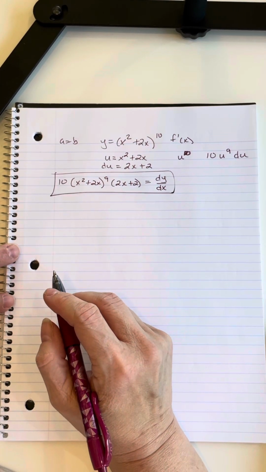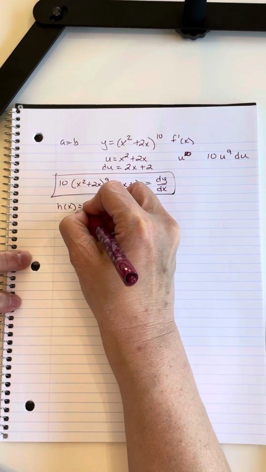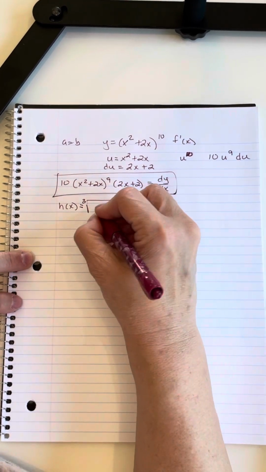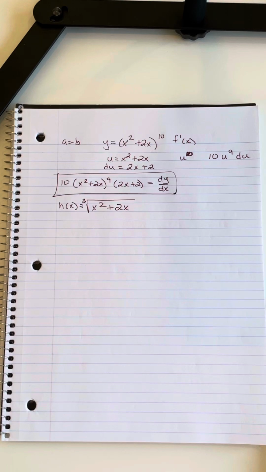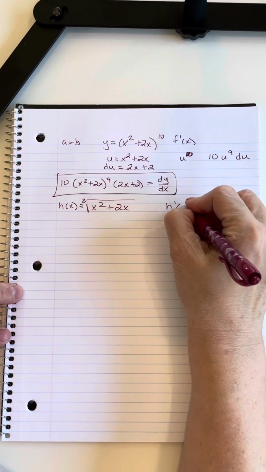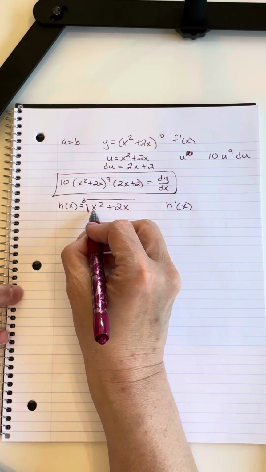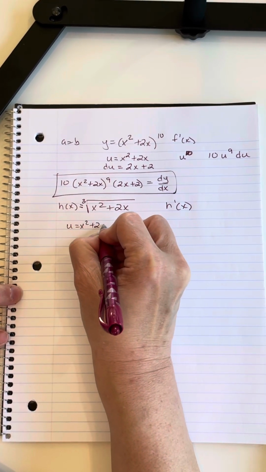If the h equation is h of x equals the cube root of x squared plus 2x, find the derivative of the h. So again, we are going to set our u as the messy stuff, x squared plus 2x.